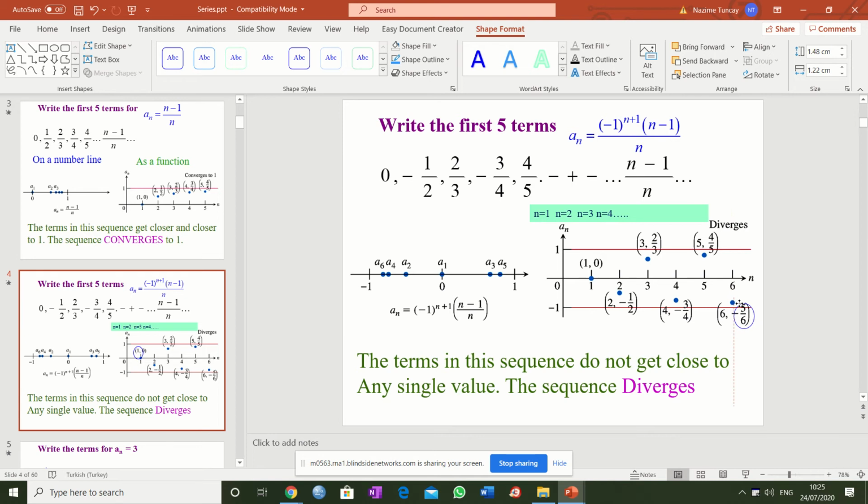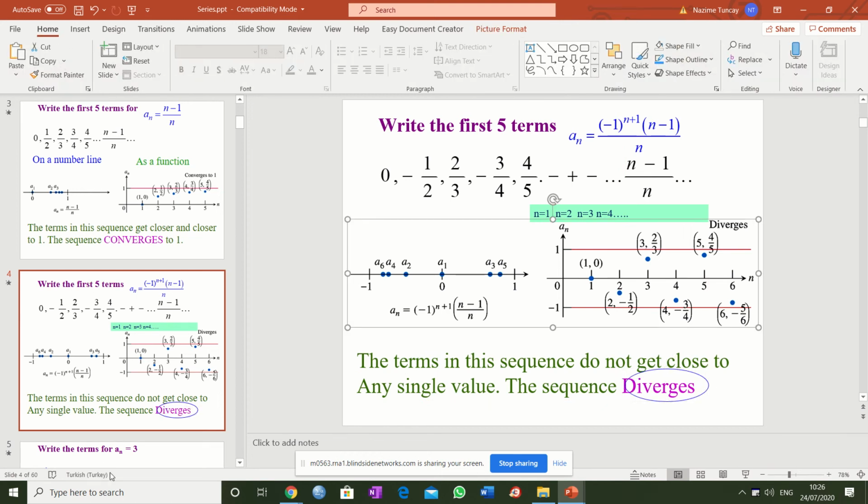These are range. Here, what we see is that we have a negative number, then we have a positive number. So it doesn't converge to a certain number. It goes in the negative direction, then it goes in the positive direction. So we say this diverges. It doesn't go in one direction.